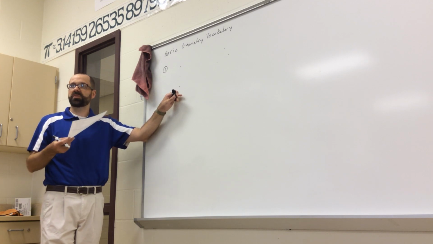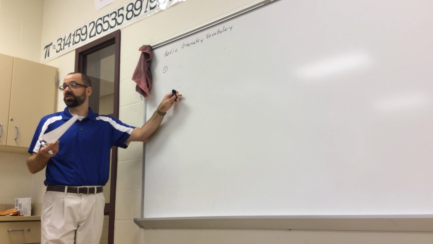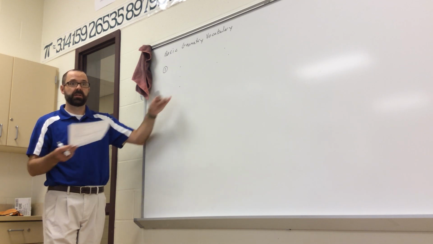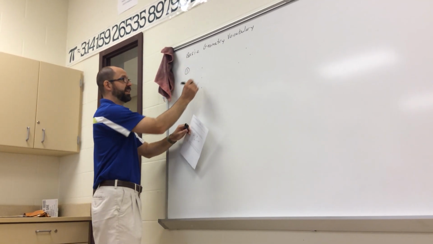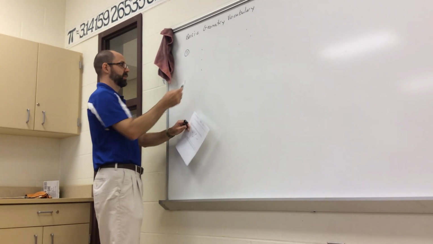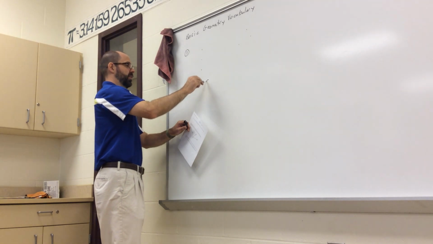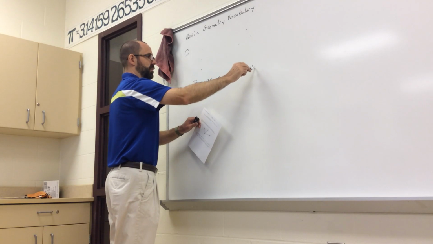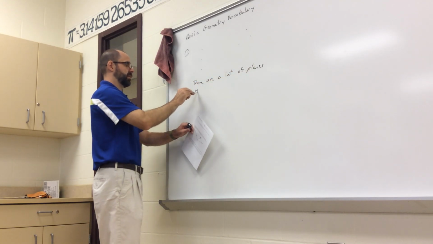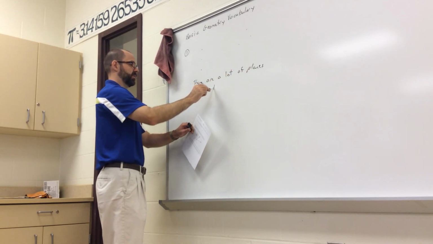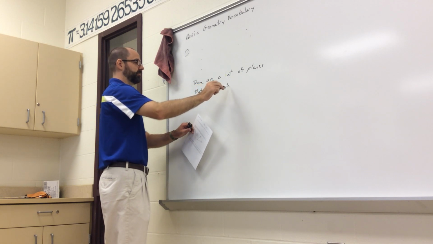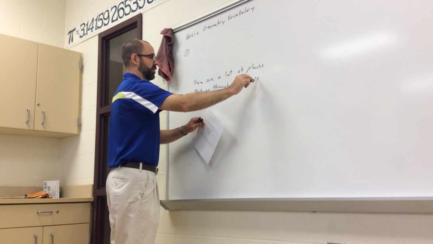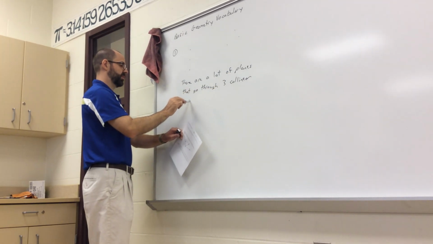Kind of like if you just called somebody by the last name Smith. There's a lot of Smiths, so you don't know which one you're talking about. So you have to be more specific. So the reason why you can't use 3 collinear points to name a plane is there are a lot of planes that go through 3 collinear points.